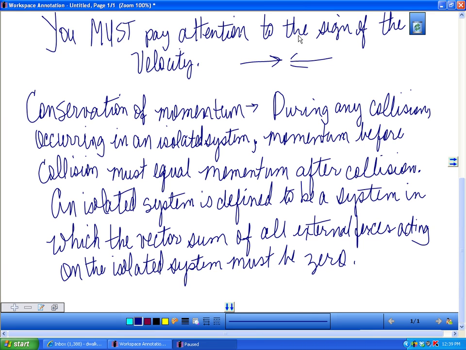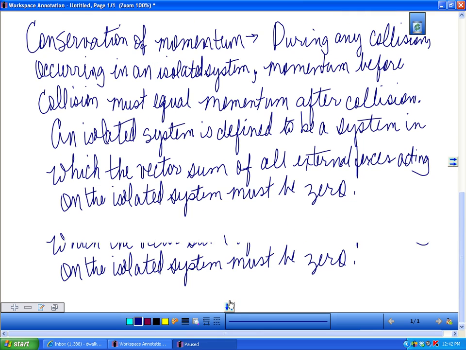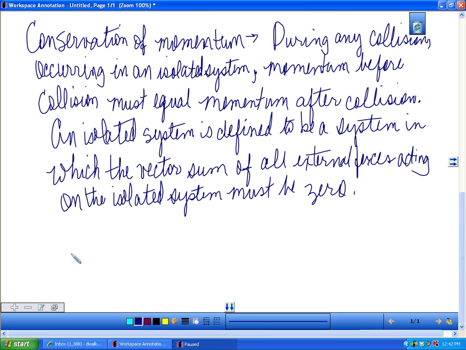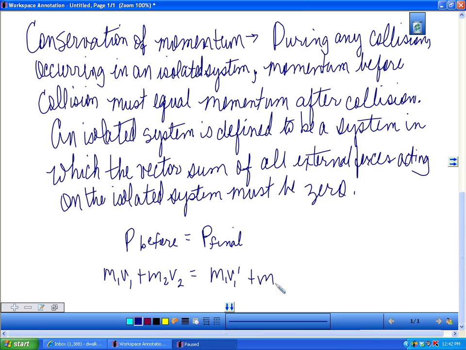Okay. So if we are dealing with an isolated system, which is what you're always going to have, we're going to say the momentum before the collision, so P initial, has to equal P final. And you can deal with as many bodies as you want. Typically it's just two, so you say M1V1 plus M2V2 equals M1V1 prime plus M2V2 prime.